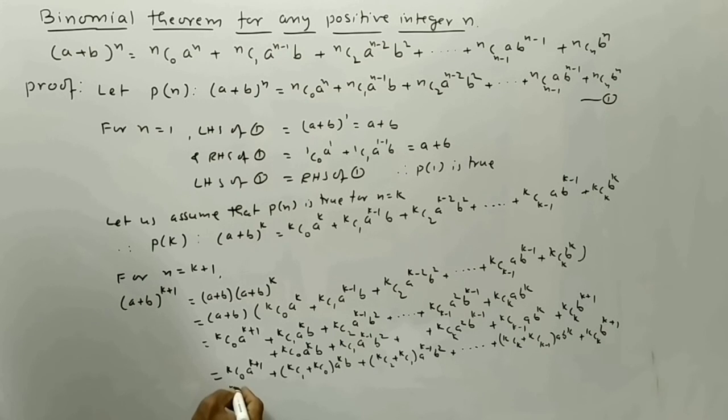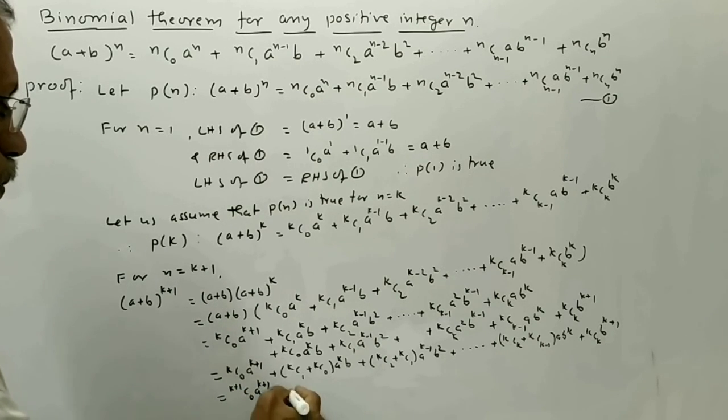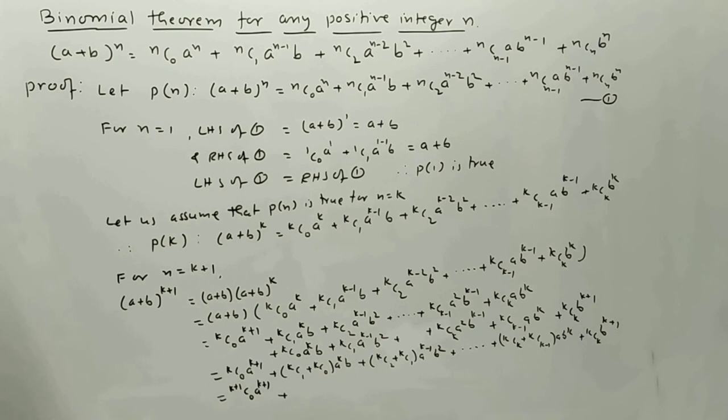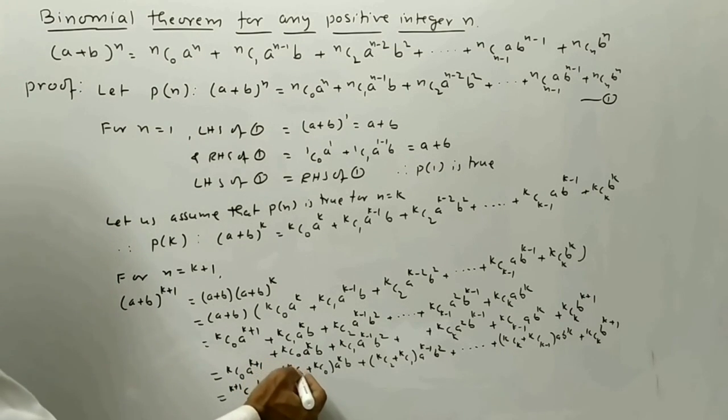Therefore, in place of kC0 we can write k plus 1 C0 into a raised to the power k plus 1 as it is, plus kC1 plus kC0. We have learned nCr plus nC(r minus 1) is equal to n plus 1 Cr.